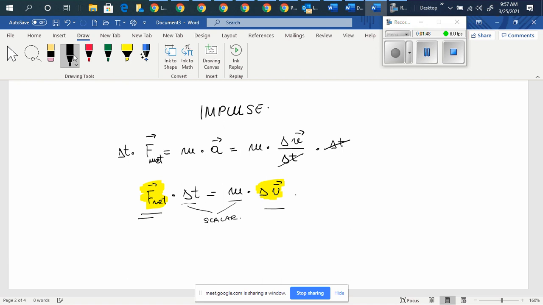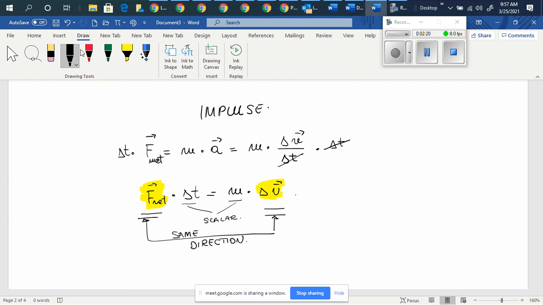Now, this is where a lot of students have a misconception. It is not necessarily the final direction, and it is not necessarily the initial direction. The net force doesn't necessarily have the same direction as the initial velocity or the final velocity, but it has the same direction as the change of the velocity.